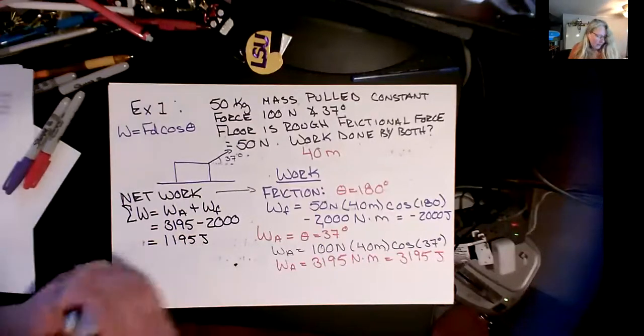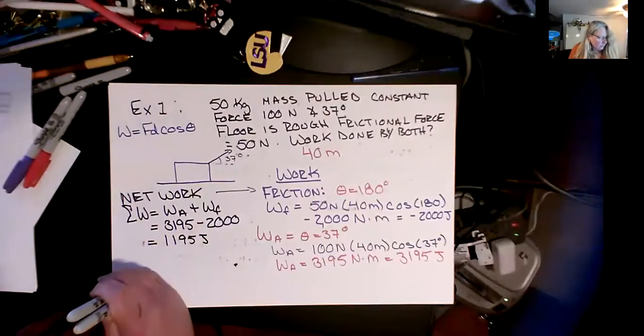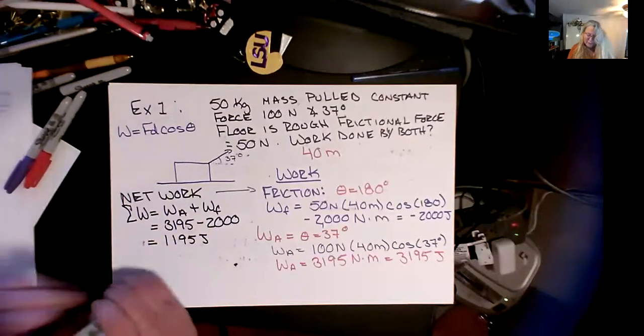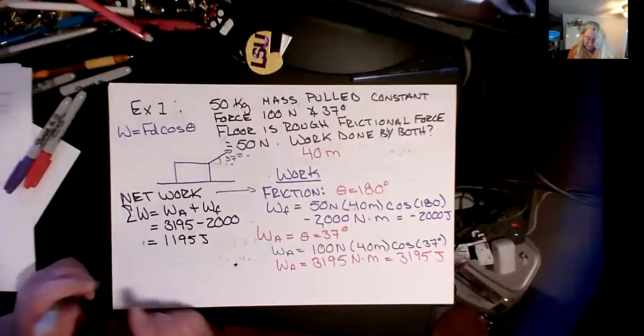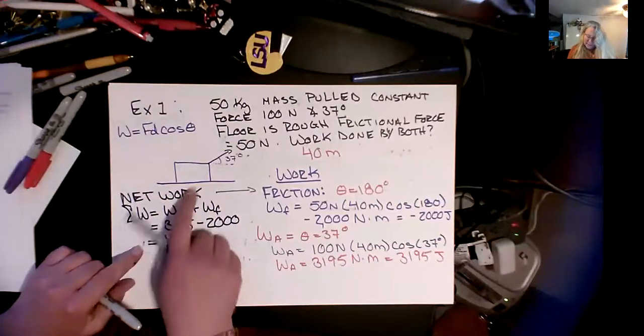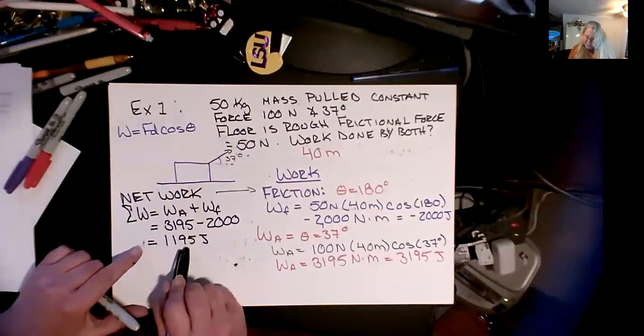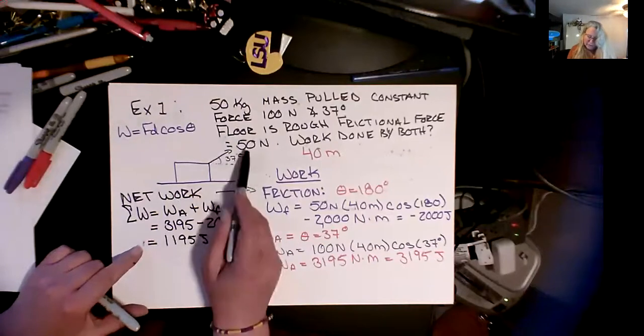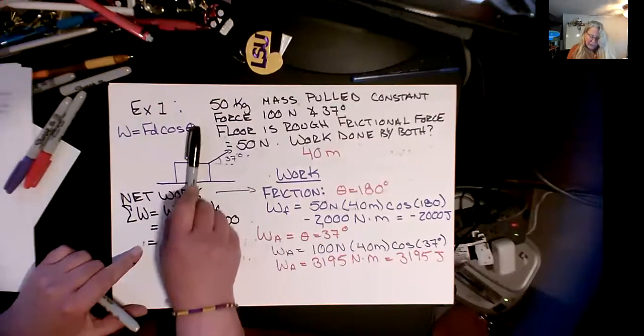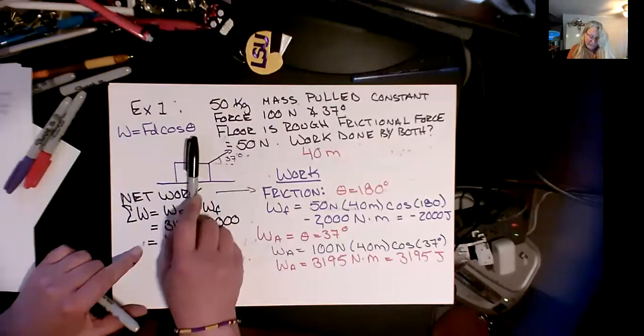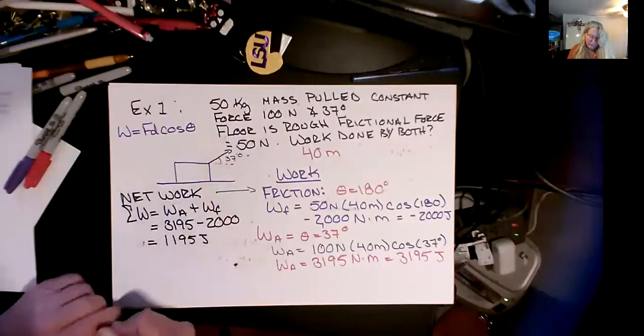Now, we weren't asked that, but can we figure out the mass? Let's see, we don't know what the mass of this thing is. I know the energy that it has. I know that the force from friction is this 50 newtons. That'd be kind of fun, because I could go force of gravity.